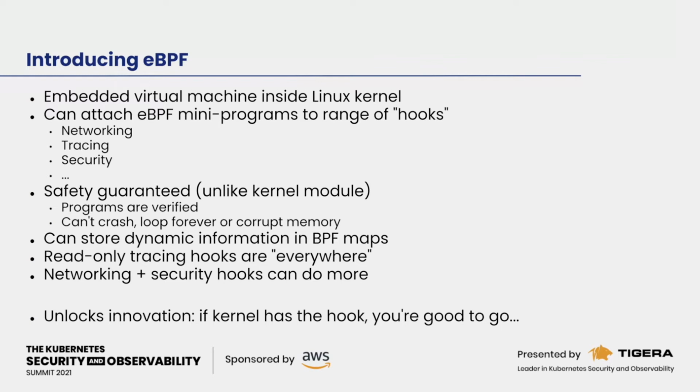In particular, it verifies that it can't crash, it can't loop forever, it can't corrupt memory, it can't access memory outside of a particular range that it's allowed to access, and so on. Essentially, loading one of these programs in, assuming no bugs in the verifier, is very safe. Once the program is loaded into the kernel, it's then able to compile it further into real machine code for your particular CPU architecture, and that allows it to run very fast.